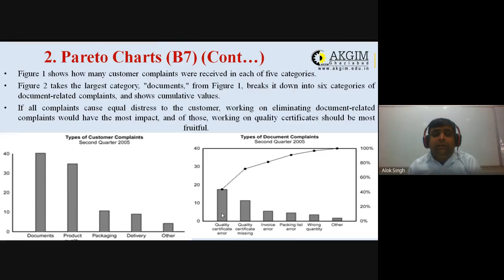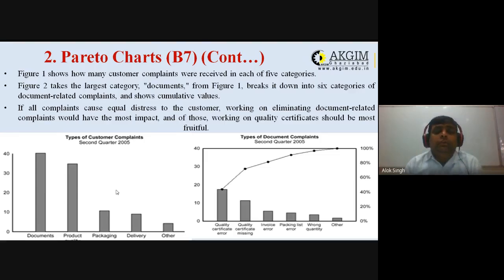So you will first address the quality certificate error, then quality certificate missing and invoice error. Addressing this 20% of causes will eliminate 80% of the problems of your customer complaint related queries. So this is the basis of this Pareto chart.